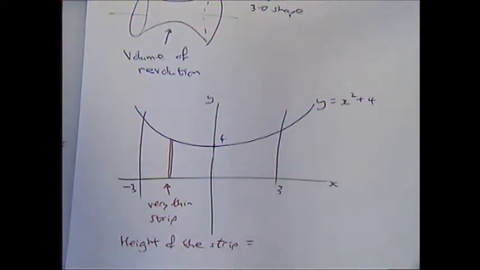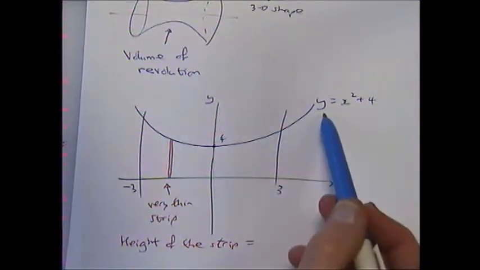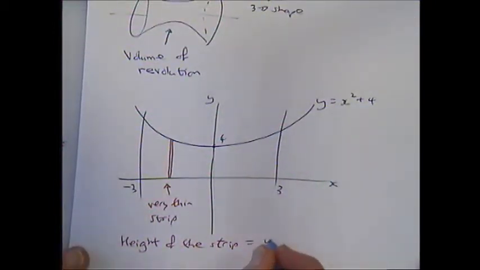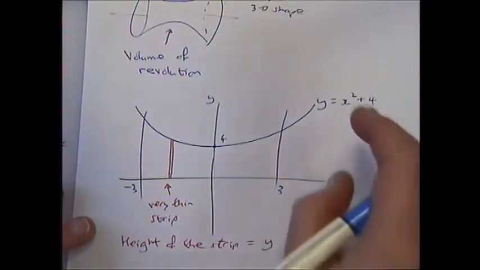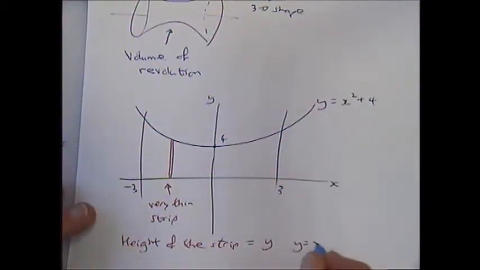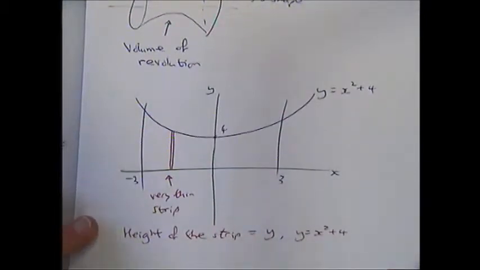What is x squared plus 4 equal to? Literally reading off there. y. Okay, yeah, the height of the strip is y. And in this case, yes, it is x squared plus 4. So it's always going to be y, pretty much.